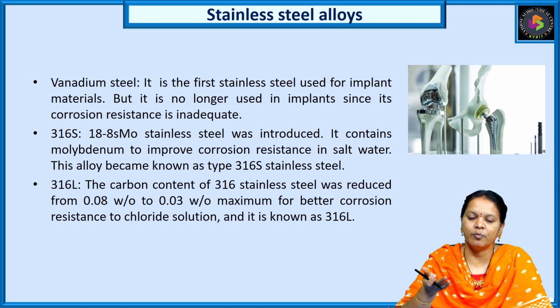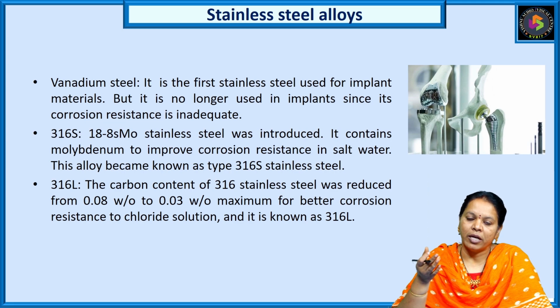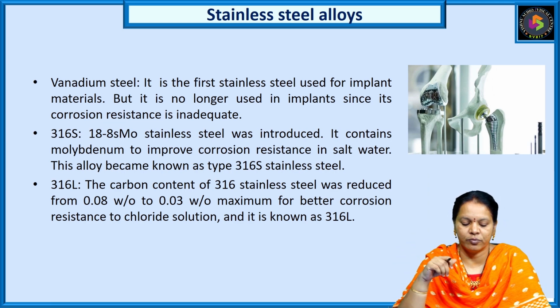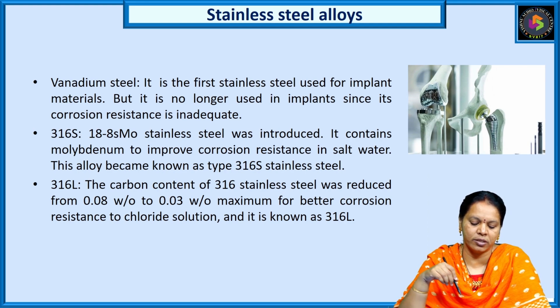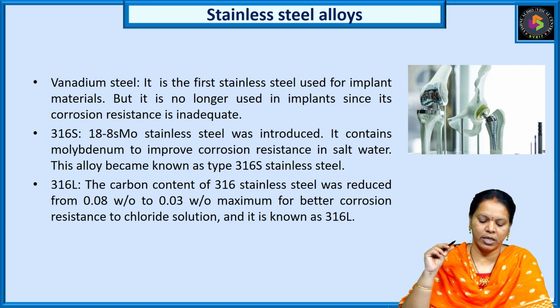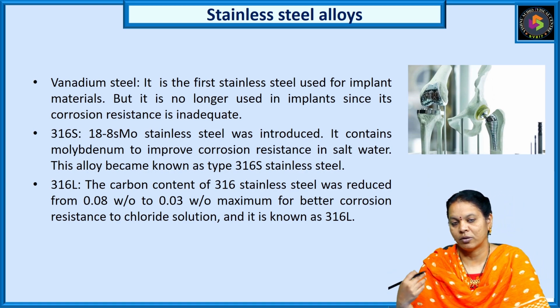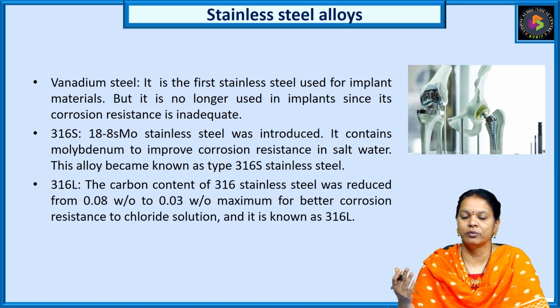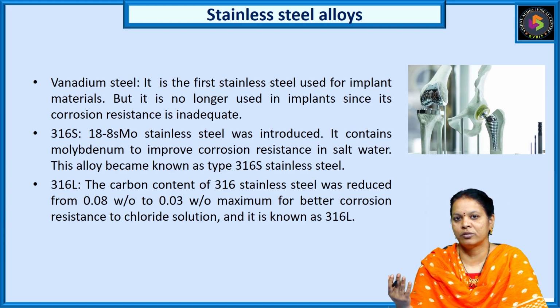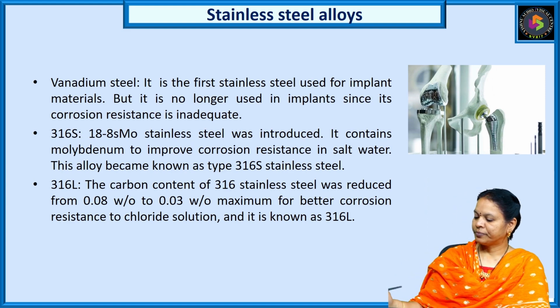That's the reason a modified version, alloyed with molybdenum, which has enhanced corrosion resistance, was used. So 316S and 316L are those stainless steels. In 316L, the carbon content was also adjusted to give further resistance towards corrosion.